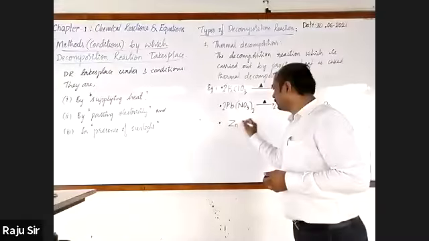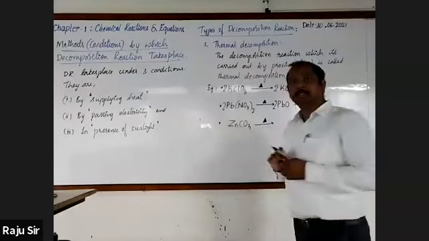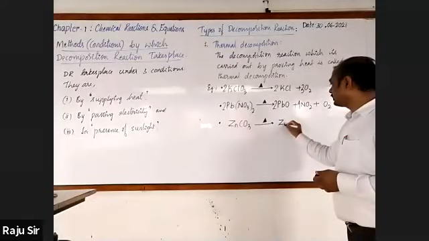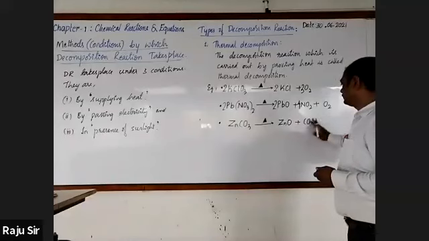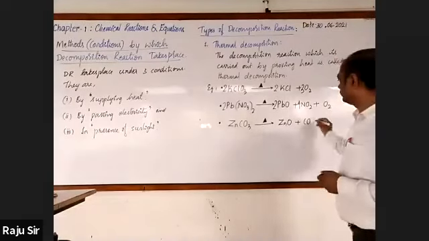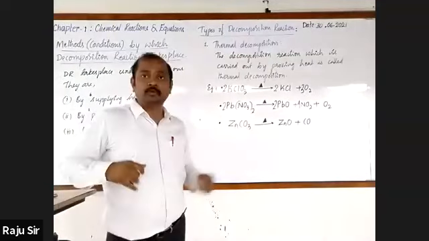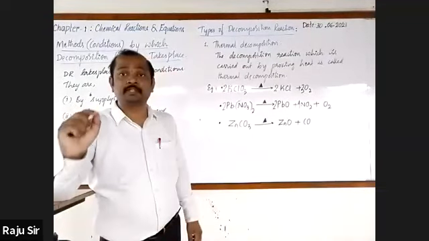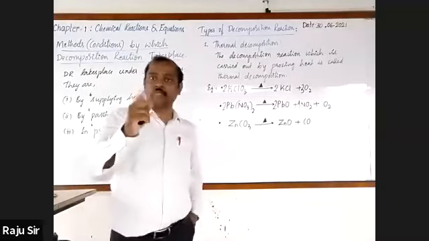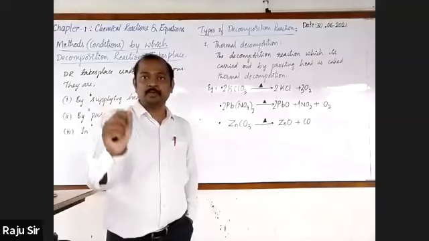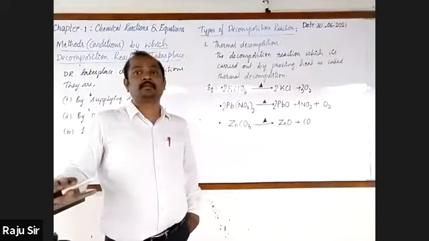When zinc carbonate is heated, zinc oxide is formed plus carbon monoxide is liberated. From this, you can also come to know that decomposition reaction is used for extracting metals as well. This is another use.